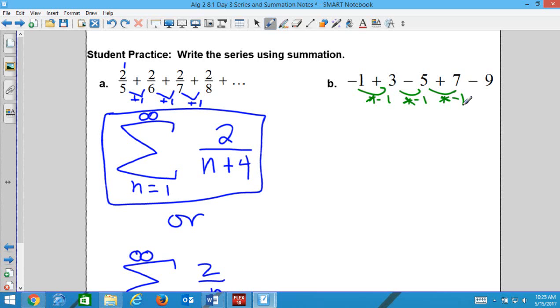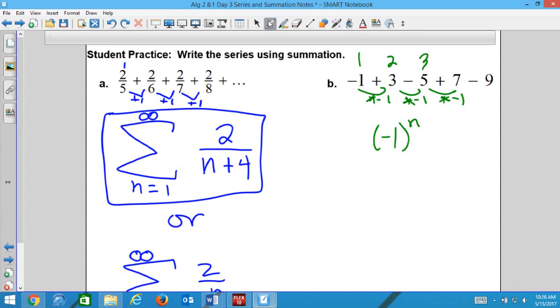Then we're going to have to do -1 to the n power. Does that work for 1? If I input 1, do I get out -1? If I input 2, do I get out a positive number? If I input 3, does that give me a negative number? You have to check and make sure that that's working.